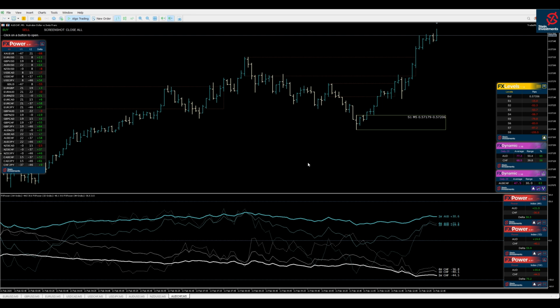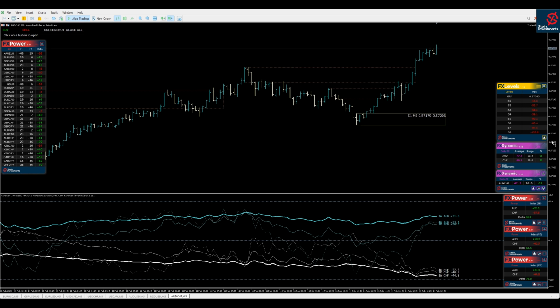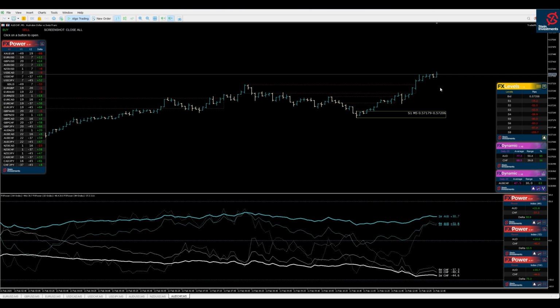And if we check this pair in detail, we can see Aussie dollar against the Swiss franc already reached 63% of its daily range, so there is enough potential for a trade. Let's have a look at the support and resistance situation.